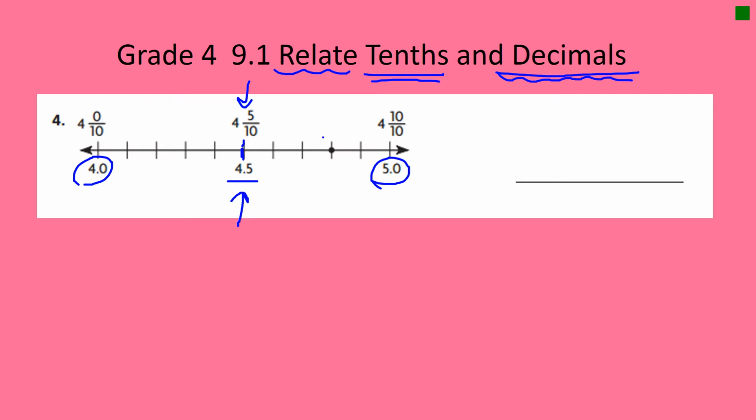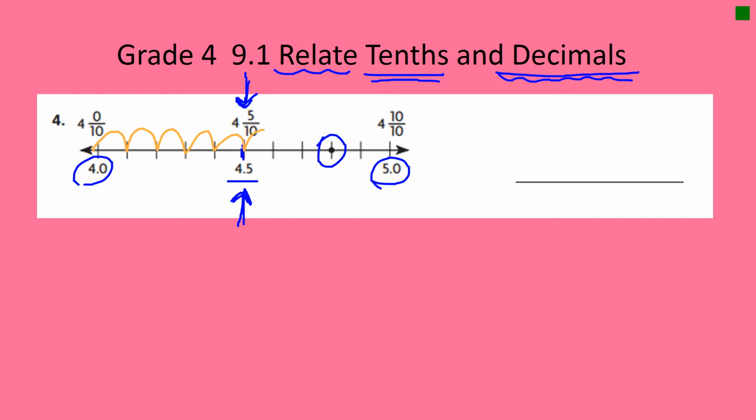All right, so there is the point that they want us to name as a fraction or mixed number and a decimal. Okay, so I'm going to say if I know that this is 4 and 5/10, I also know that if this is in tenths, that this number line has been separated into 10 equal parts. So there's 4 and 1/10, 2/10, 3/10, 4/10, 5/10, of course.